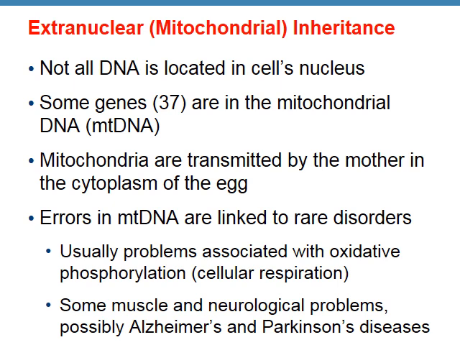Something else to consider, most of us don't think about this unless you've had a biology course: we have DNA outside of our nucleus. Your mitochondria has its own genes, its own DNA. It's mitochondrial DNA, and this is transmitted by the mother in the cytoplasm of the egg.